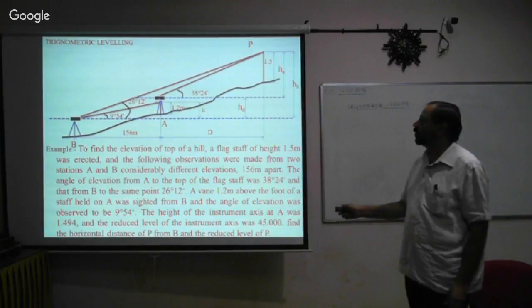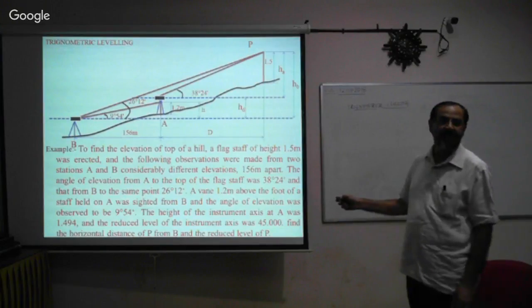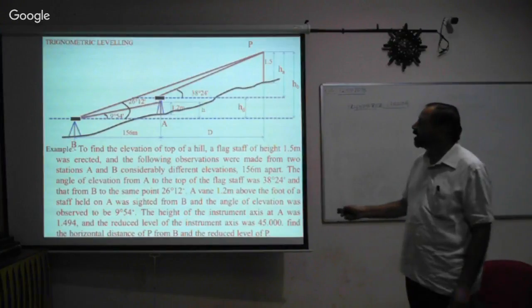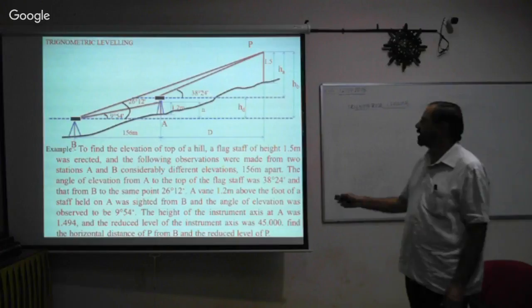Now here the problem is given like this: the instrument station A, which is 1.49 meter above this instrument axis, height of the instrument HI is equal to 1.49, and the angle measured is 38°24'. So this is the first data taken.